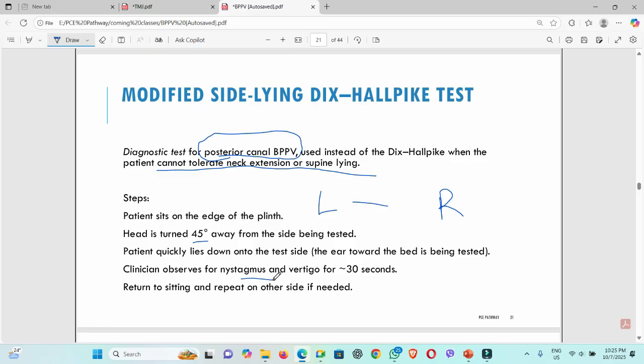The clinician observes for nystagmus and vertigo for 30 seconds, then the patient returns to sitting, and repeat on the other side if needed. So if you want to test the left side, turn the head towards the right. We are not doing neck extension because this is for patients who cannot tolerate it.